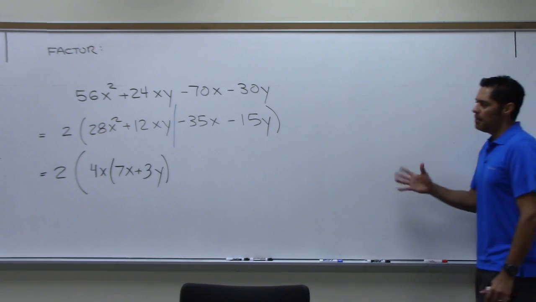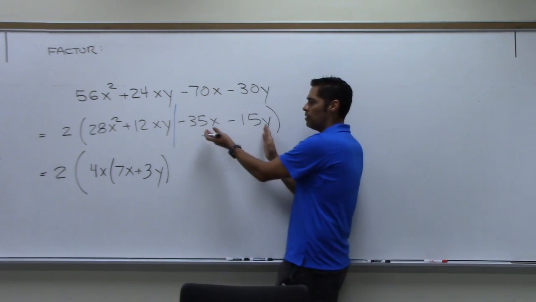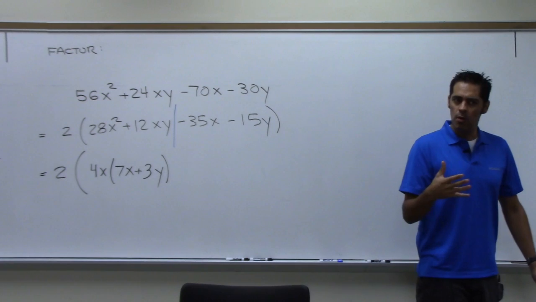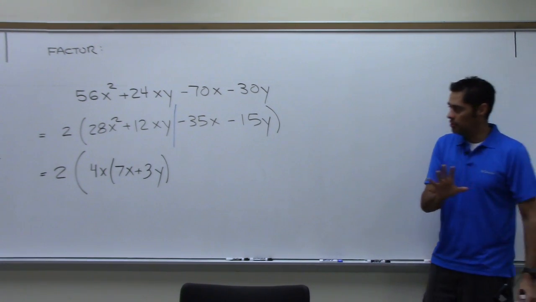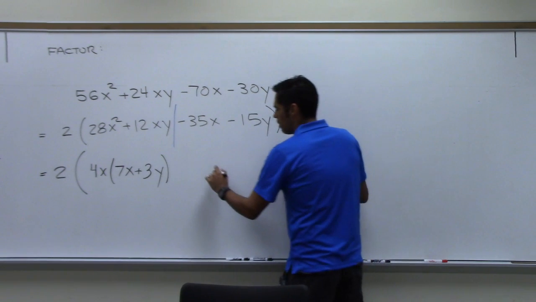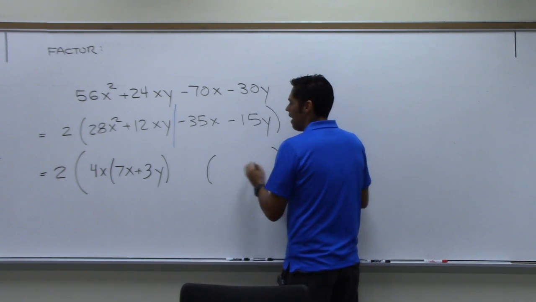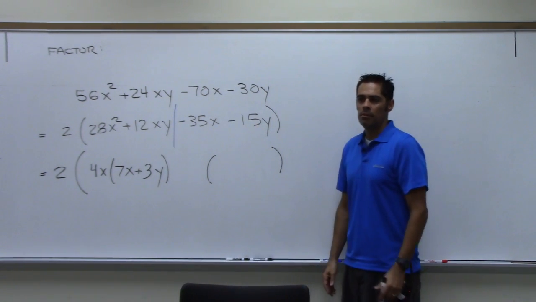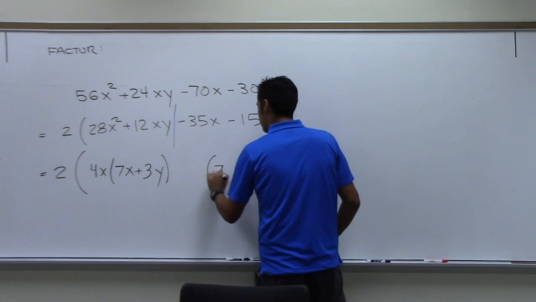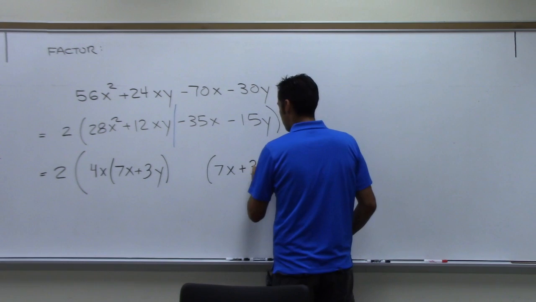Now look, what I've been telling you is that the next thing you do is pull a GCF out of this, right? But there's kind of a different approach if you want to try this. You don't have to, all right? But just see if you like this or not. What do I have to have in here for this to work? 7x plus 3y. That's the only way it's going to work, right? So let me just try 7x plus 3y here.